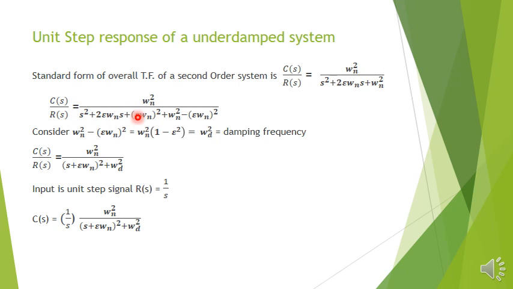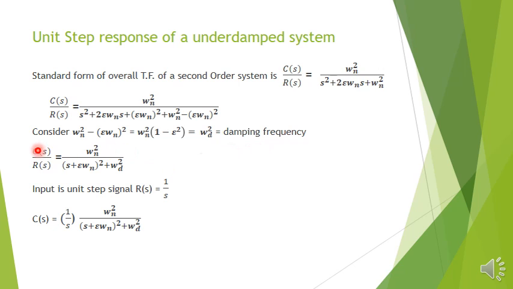And here one more assumption we will make: omega n square minus zeta omega n whole square is equal to omega n square into 1 minus zeta square, which we call omega d square, the damped frequency.